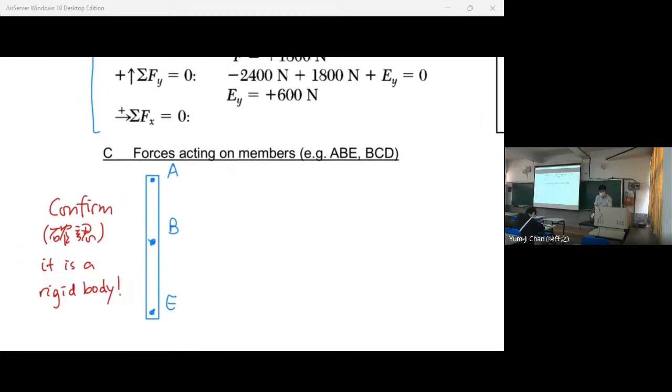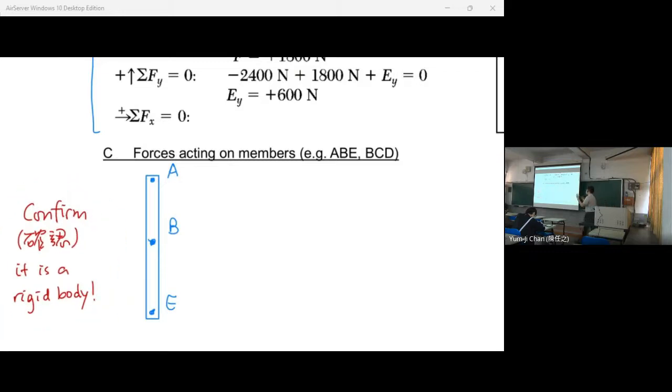So you need to confirm it is a rigid body. If it is not a rigid body, what should we do? We break it down into rigid bodies. So this is the rigid body. So we can go on to draw the other parts.